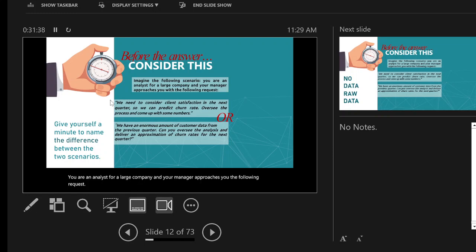The first one: we need to consider client satisfaction in the quarter so we can predict churn rate. Churn rate, I have said, is the rate at which people stop using a certain product. So you have been told to oversee the process and come up with some numbers.